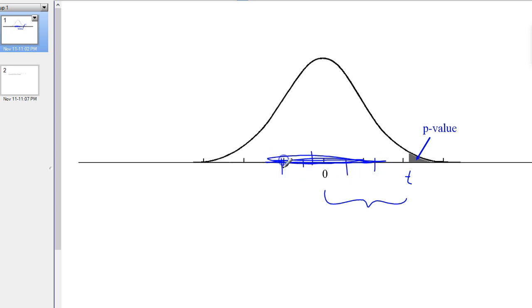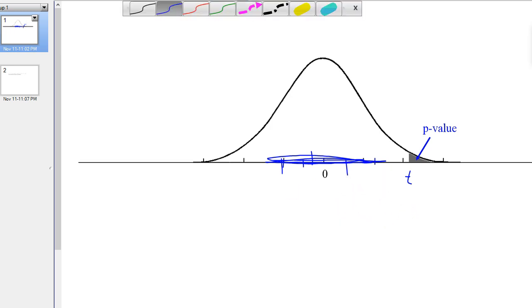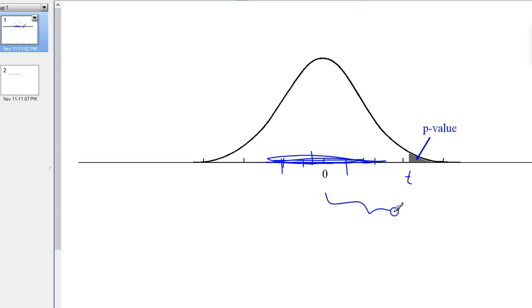It should be in here near the center of the distribution. We shouldn't be at the tails of the distribution if the claim is true. So if the claim is true, how far we are away from the claim value of the mean or the proportion should not be very large. We should be relatively close to it.